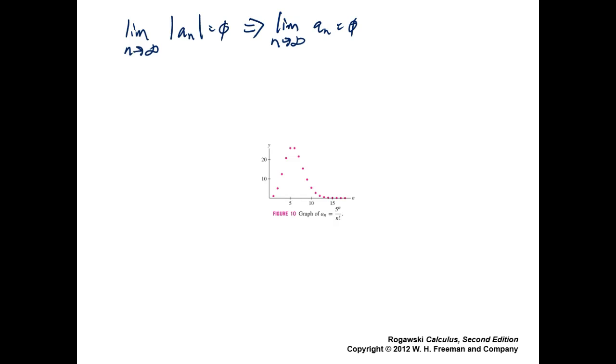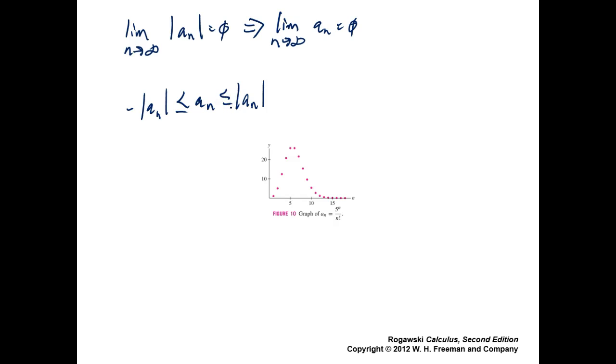Let's see what we do here. The limit as n approaches infinity of the absolute value of a sub n, we know that this is true: minus the absolute value of a sub n, and the absolute value of a sub n. This one's guaranteed to be negative, that was guaranteed to be positive. Somewhere in between that is a sub n.